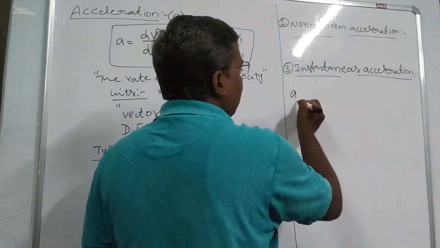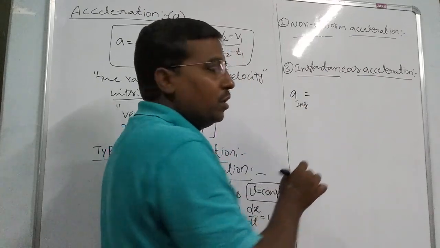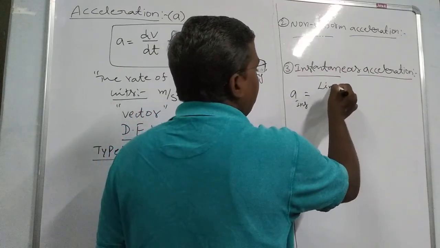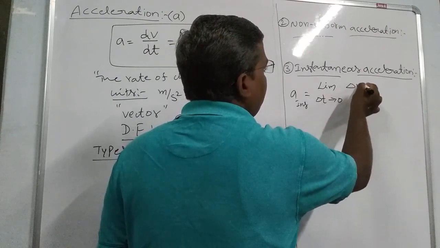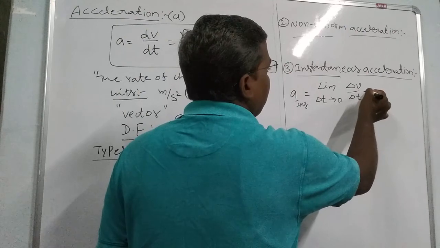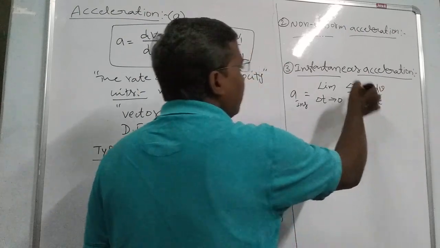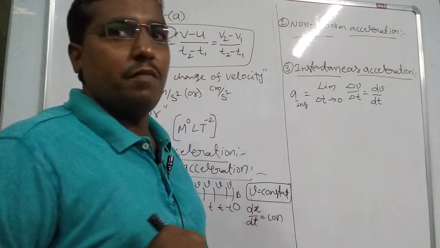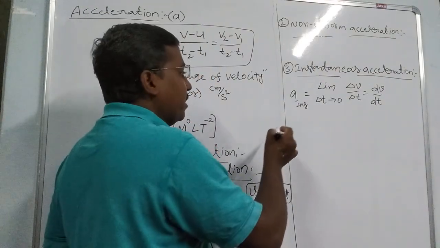Acceleration a_ins equals the limit as delta t tends to 0 of delta v by delta t, which equals dv by dt. This is instantaneous acceleration.